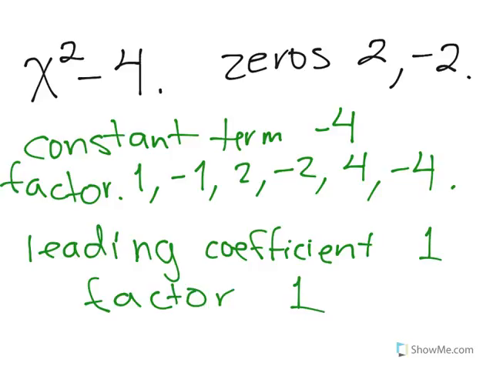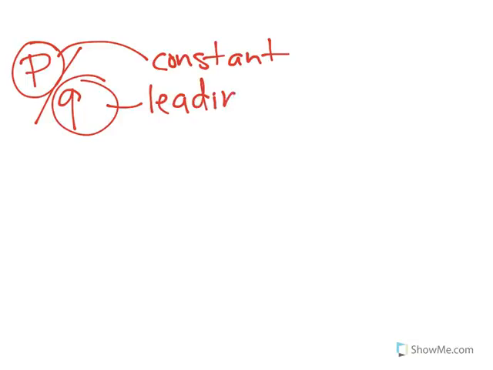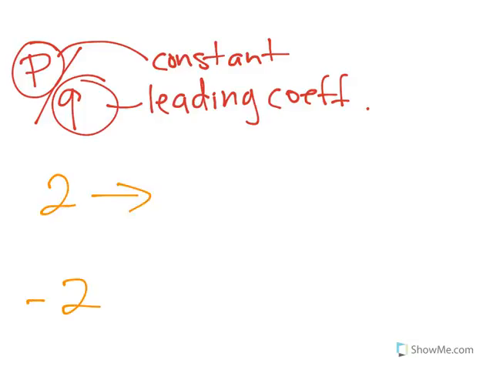So now we see that a zero is p over q, where p is a factor of the constant term and q is a factor of the leading coefficient. We see that our zeros are 2 and negative 2, and we know that 2 can be represented as 2 over 1, and negative 2 can be represented by negative 2 over 1.